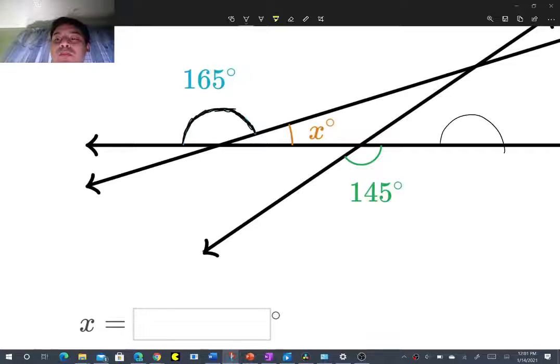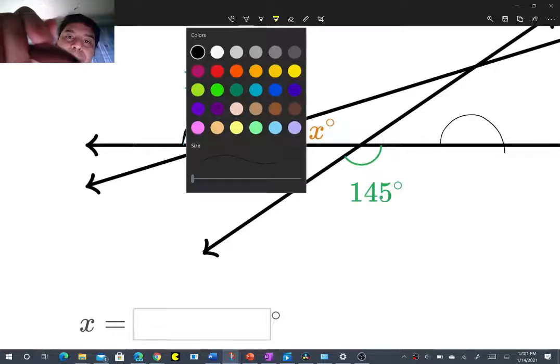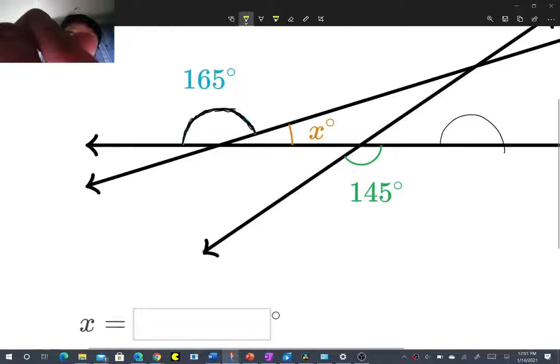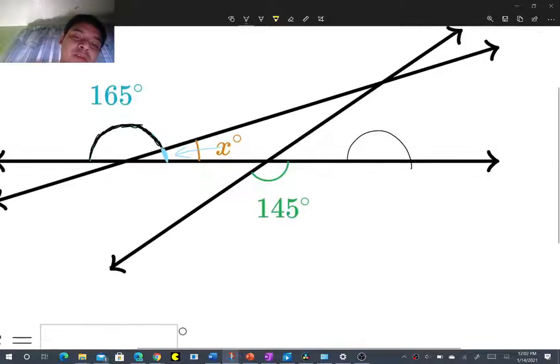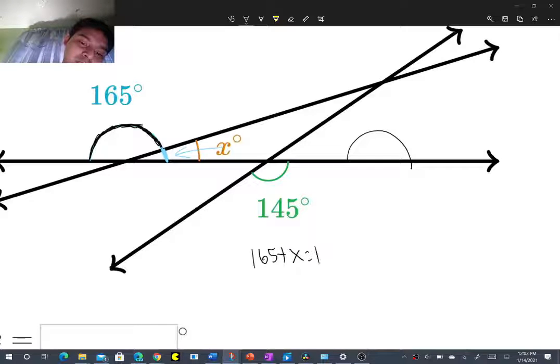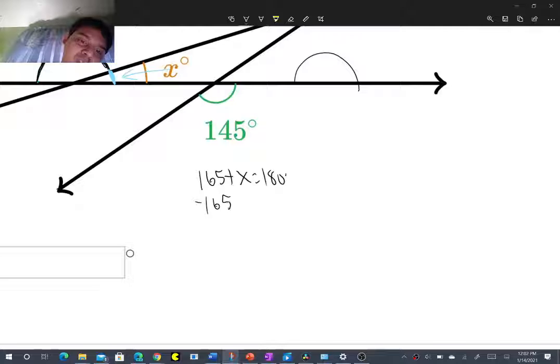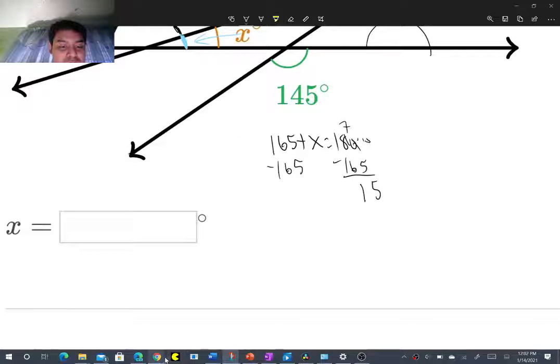Remember when I said that this whole part is 180? So we're gonna say that this part here is, like I said, x. So you have 165 plus x equals 180. You would subtract 165 on both sides. That's 15 degrees, so I think this one is 15 degrees.